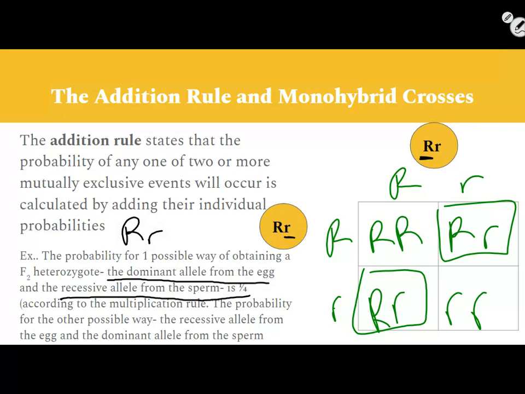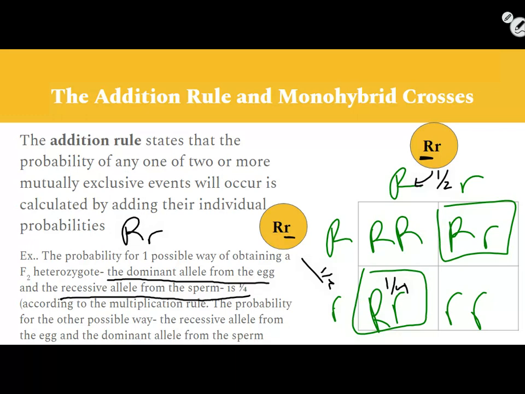We got a 50-50 shot of getting this one and a 50-50 shot of getting this one. 1/2 times 1/2 is 1/4, right? So you have a 1/4 shot of getting this recessive allele and this dominant allele. That makes sense? Okay?